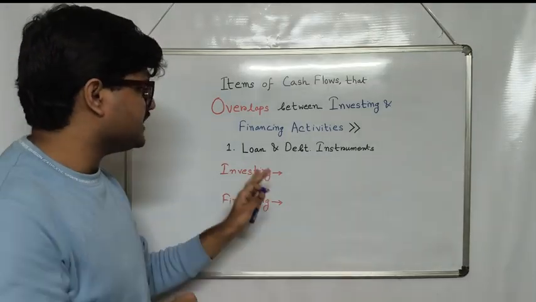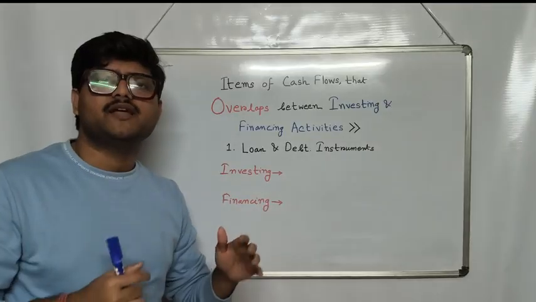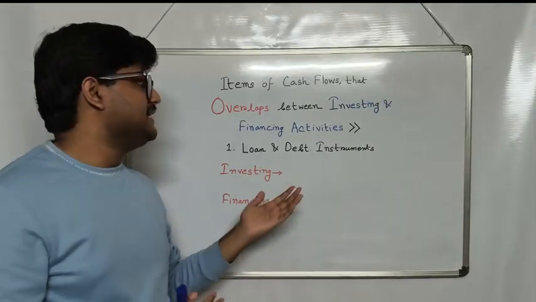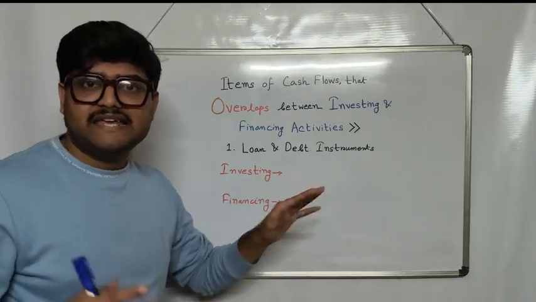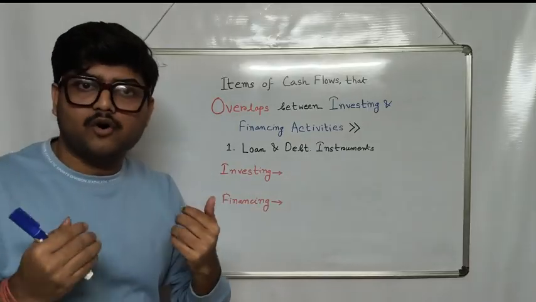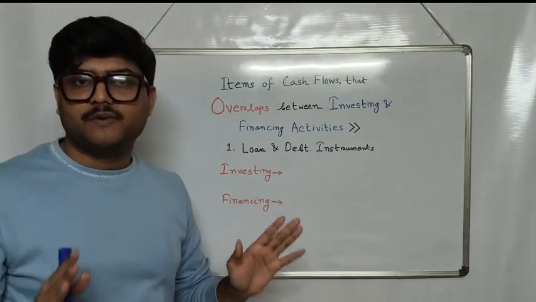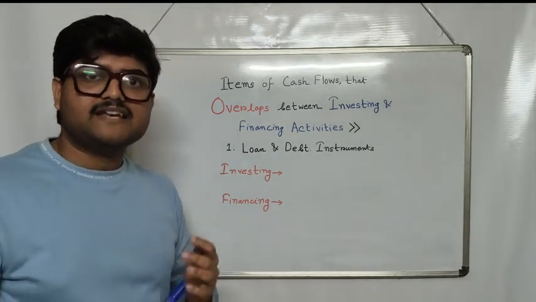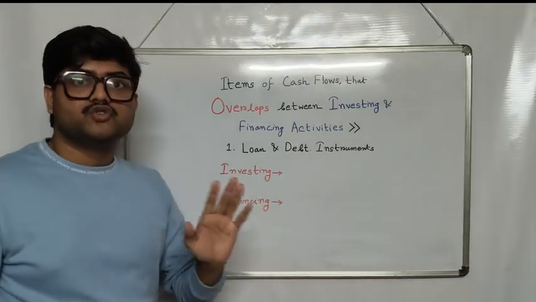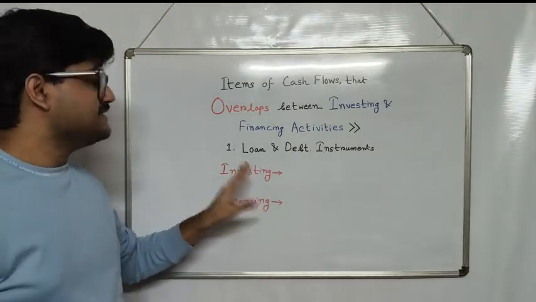So in both cases, when we are providing loan or buying debt instruments of other companies, we are generating income. These are not for our own company's capital formation. These are only for generating income, that we are generating return from them. So this will be considered as investing.